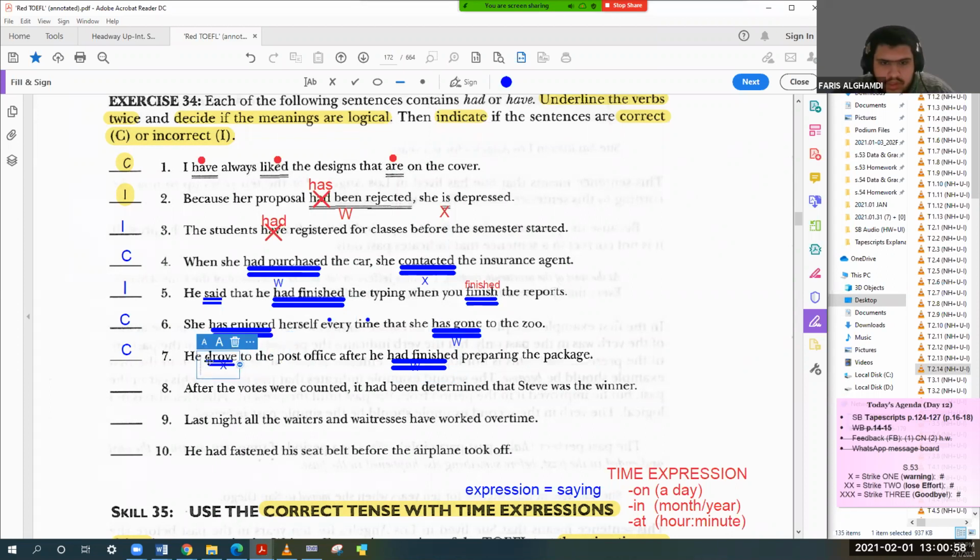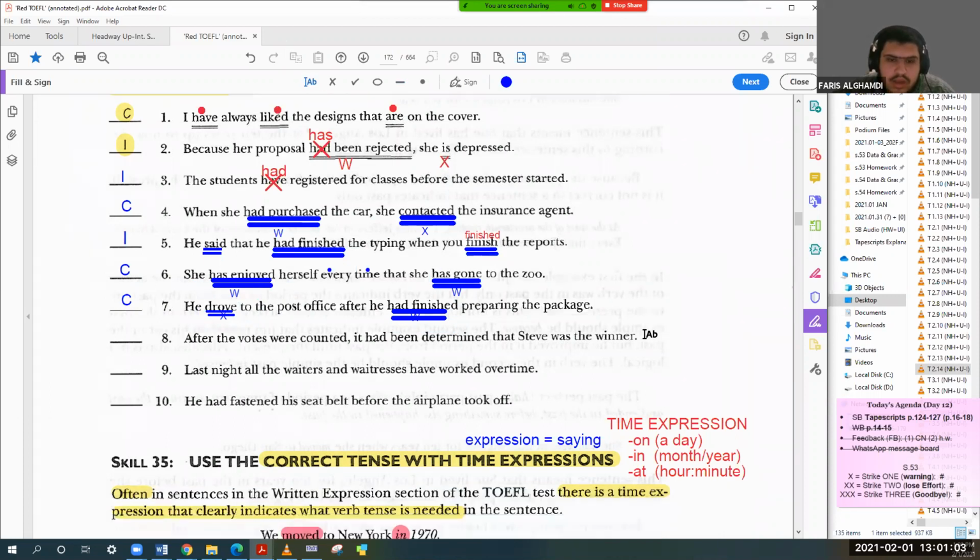Excuse me, I have a question. Sure. The connector when, I learned before it is used with past continuous and past simple, where there is a duration in the sentences. Is it correct?